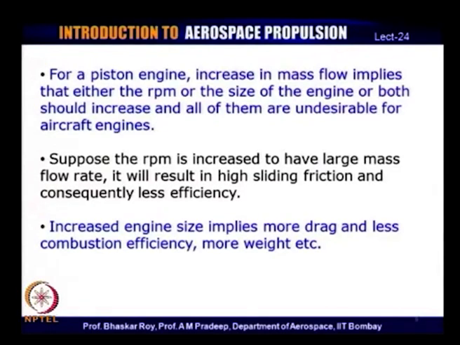That means, you have higher RPM and then you have higher size. Now, size is restricted. So, some of these things would have to be optimized for every engine that you need to configure.